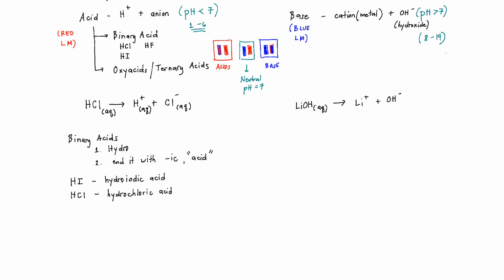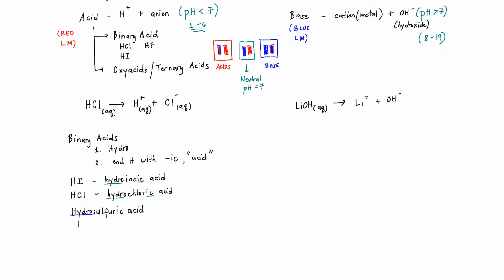Now take note, this is the word hydro, and then the ending would be ic. Now, how about, say for example, we're going to name hydrosulfuric acid. Write first the word hydro.